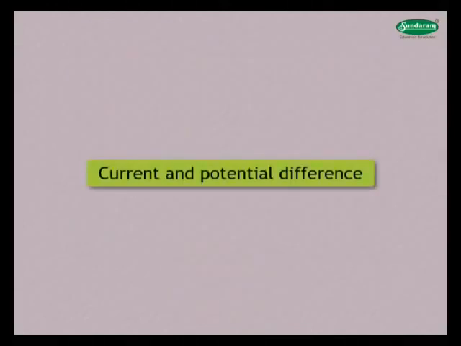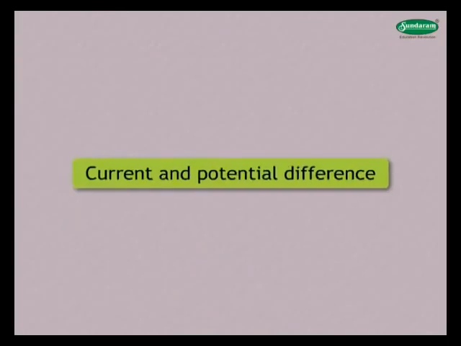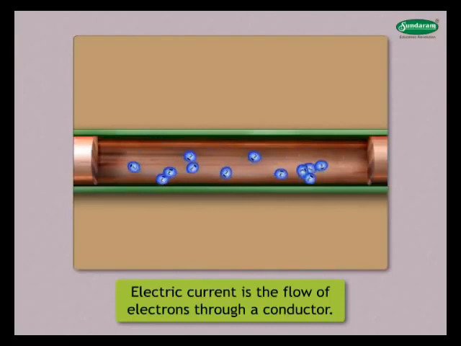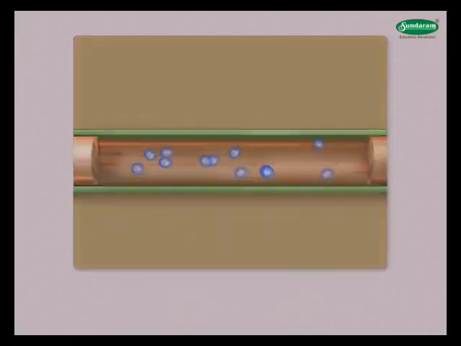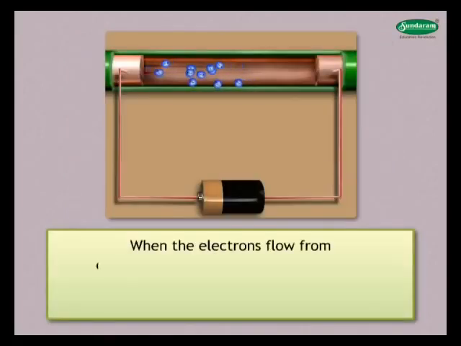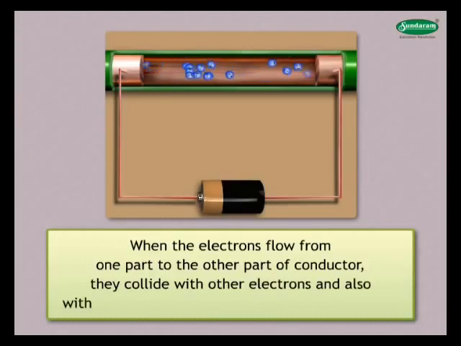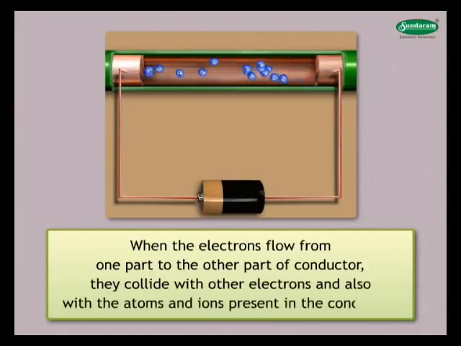Till now we have studied current and potential difference. Let us find the relation between them. Electric current is the flow of electrons through a conductor. When the electrons flow from one part to the other part of conductor, they collide with other electrons and also with the atoms and ions present in the conductor.